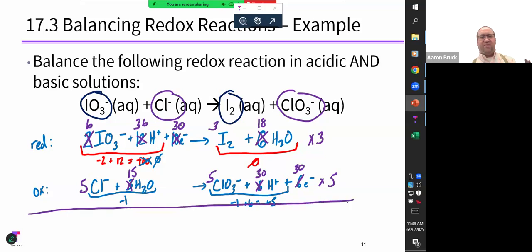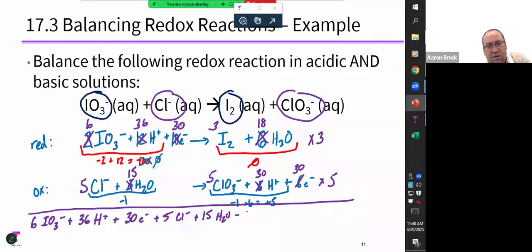So now that we've addressed that, we can add together the 2 equations. So on the reactant side, we would have 6 iodate and 36 hydrogen ions and 30 electrons and 5 chlorides and 15 waters.